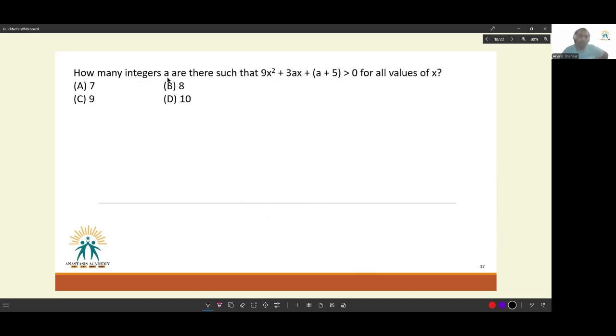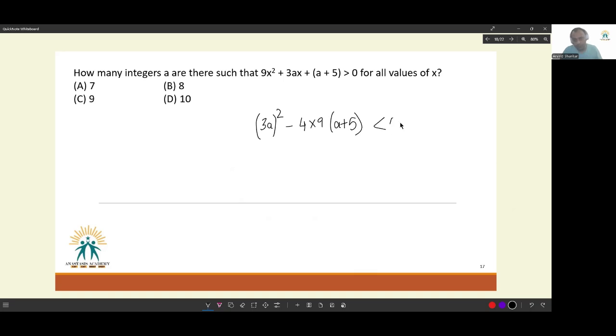Next, how many integers a are there such that 9x square plus 3ax plus a plus 5 is greater than 0? Essentially, this has to x as in the roots are unreal, which means b square minus 4ac should be less than 0. B square is 3a whole square minus 4 into 9 into a plus 5.